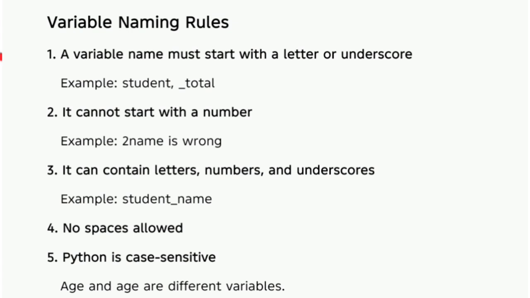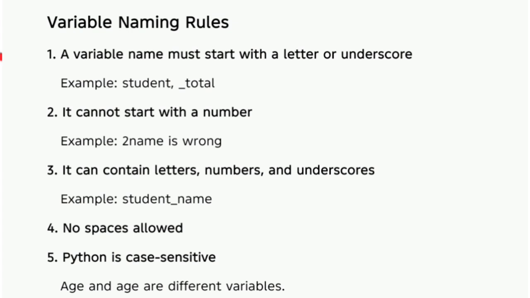Now let's see variable naming rules in Python. This means the rules to be obeyed when a programmer is creating variables in Python. Rule number 1, a variable name must start with a letter or underscore. So in Python, a variable name starts with either a letter or underscore.